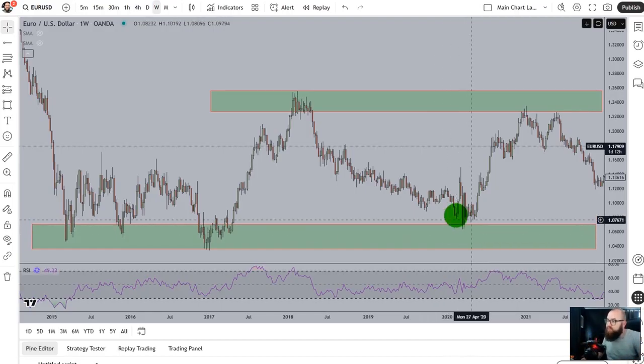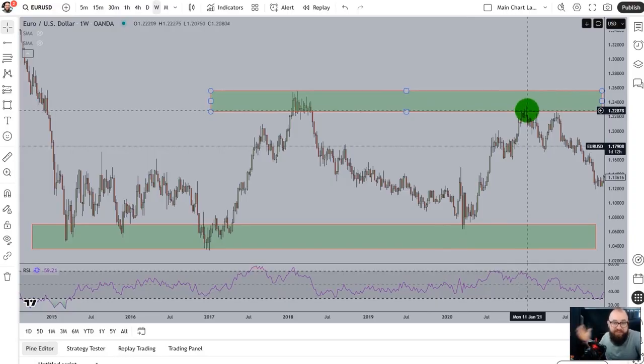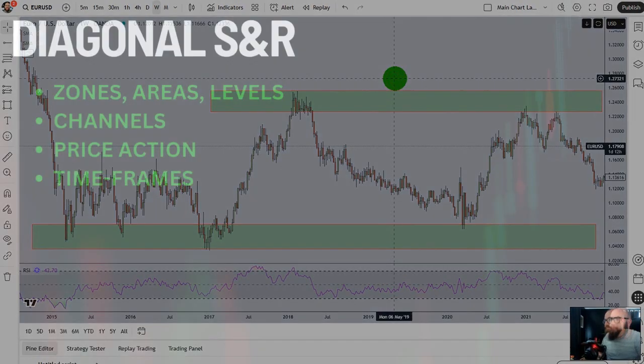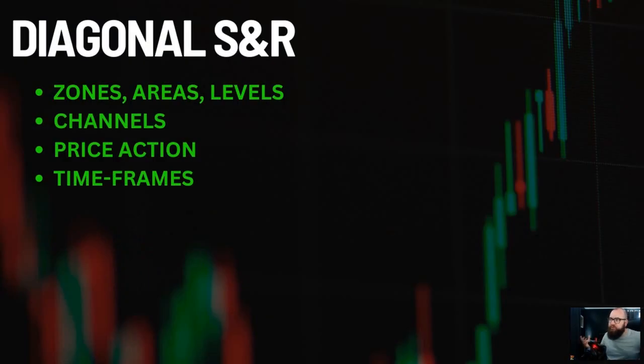If price is at a support area, maybe, potentially, it's a good time to buy. If it's at a resistance area, maybe, potentially, it's a good time to sell. There's not just horizontal support and resistance, there's also diagonal support and resistance.